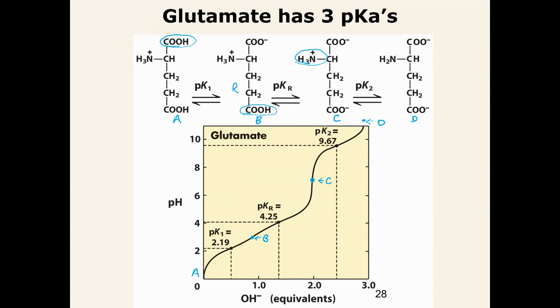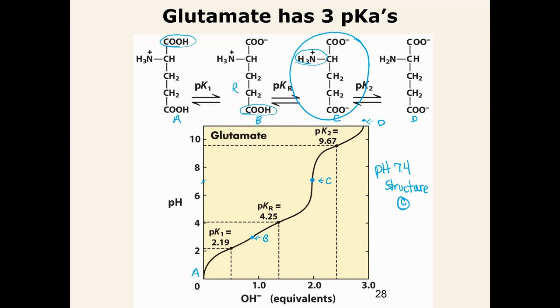All right. So at pH 7.4, here's 7 in between here, you really are looking at, go across, structure C. Okay, structure C is the dominant structure for glutamic acid, but we'd really call it glutamate because it's deprotonated R group.